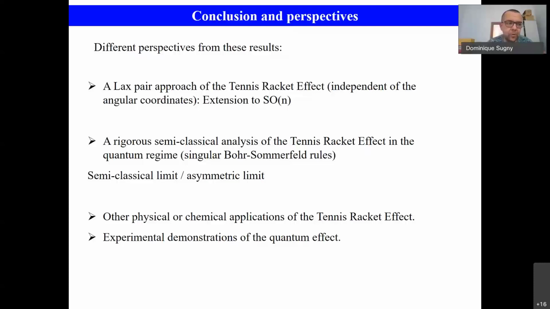For instance, the Lax pair approach is very well known to describe many classical many-body systems. And we can use this approach in particular to find the different constants of motion to describe the motion of a formal and abstract n-dimensional rigid body. Basically it corresponds to a description of a rotation matrix not in SO(3) but in SO(N).